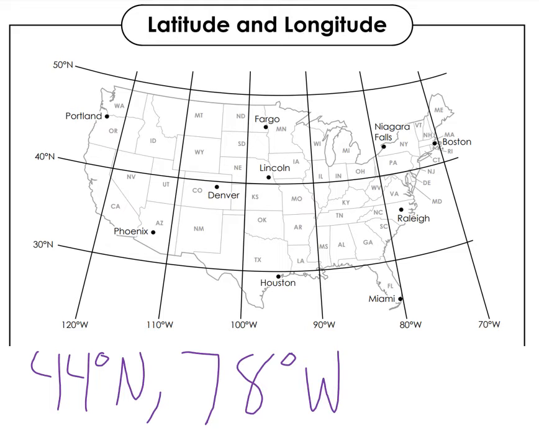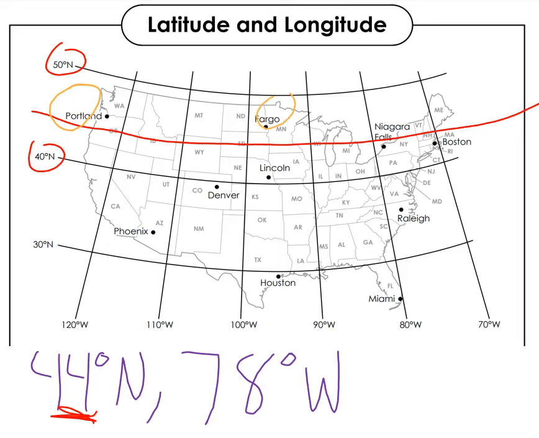Okay, getting my red marker out again. Hopefully you guys, I'm sure you all got the right answer. I'm really excited that you were able to get in there and get it figured out. Okay, but again, 44 degrees north. We see 40 here. We see 50 here. We have to go somewhere in the middle. Okay, so it could be any of these. It could be Portland, could be Fargo, might even be Lincoln, might be Niagara Falls, might be Boston.